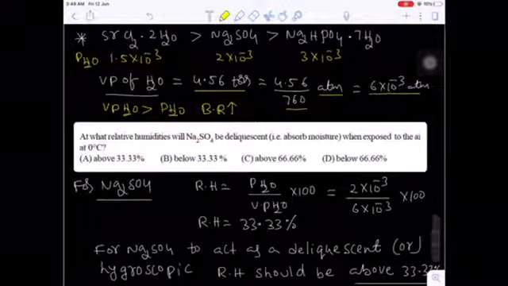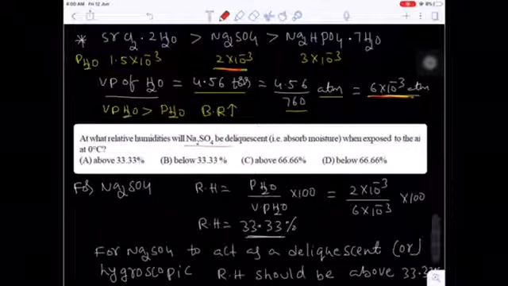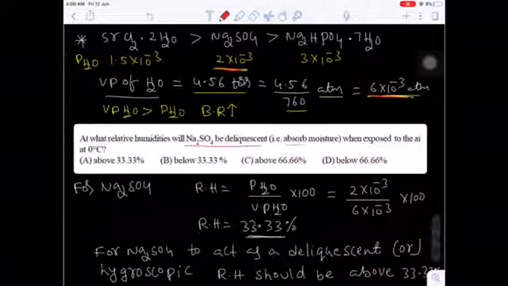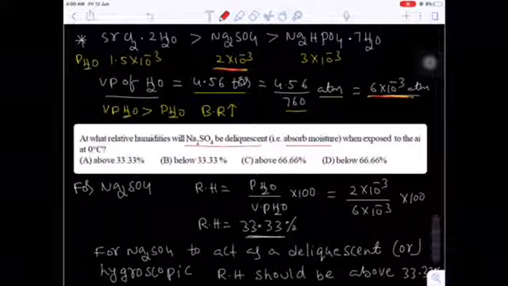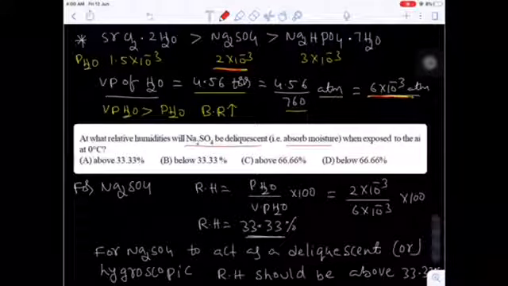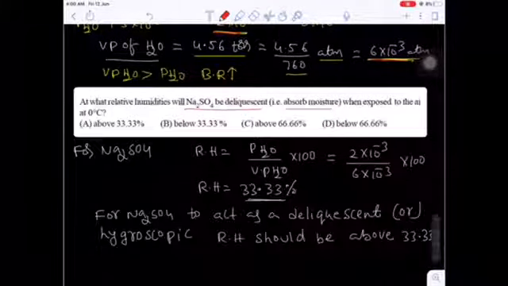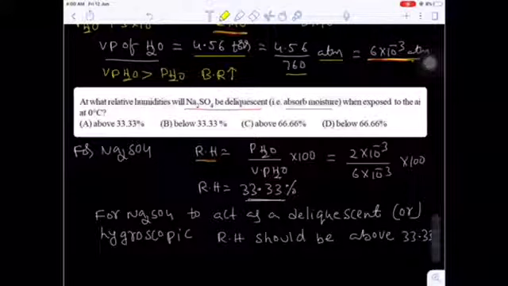Are you getting my point? Backward reaction is favorable. Now here there is one question. At what relative humidity will Na2SO4 be deliquescent, that means it absorbs moisture, when exposed to the air at 0 degree Celsius? First of all, calculate the relative humidity.